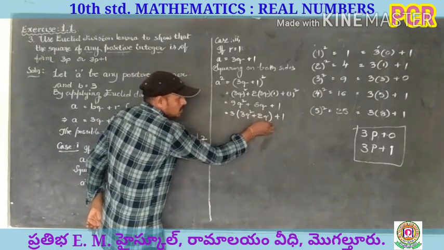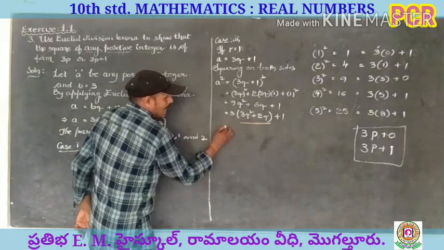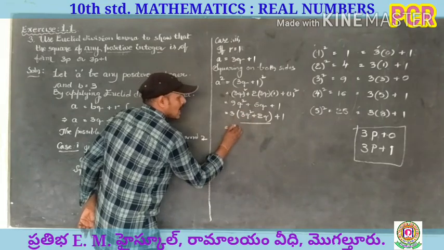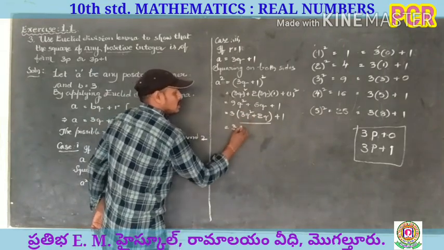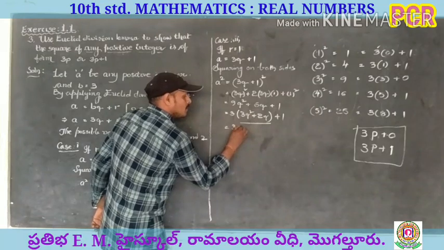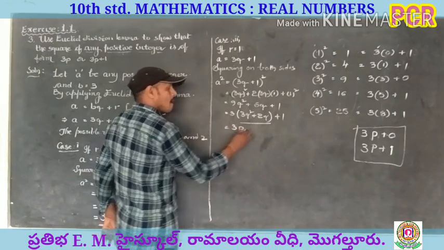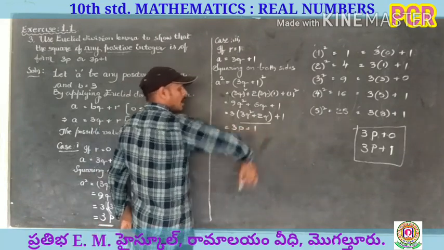Now we can write this as 3 into something, any factor, taken as a single factor. That means it is taken as p, plus 1.